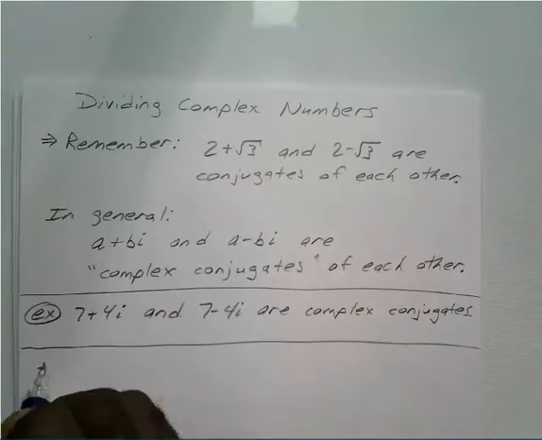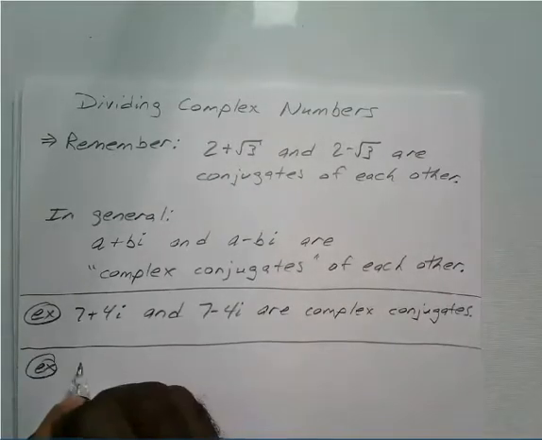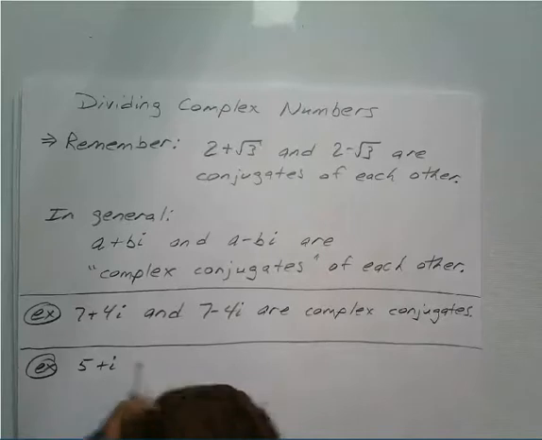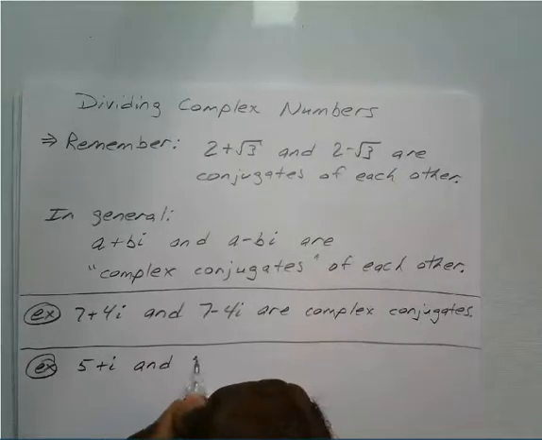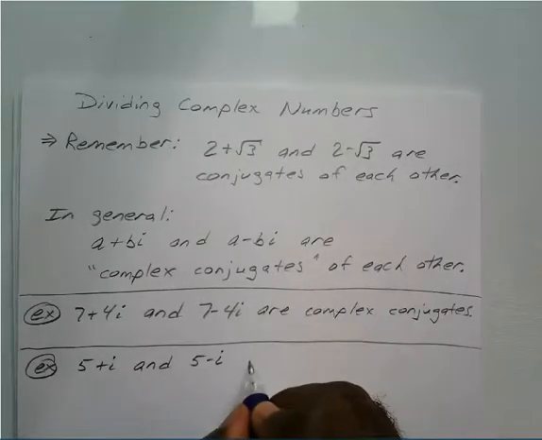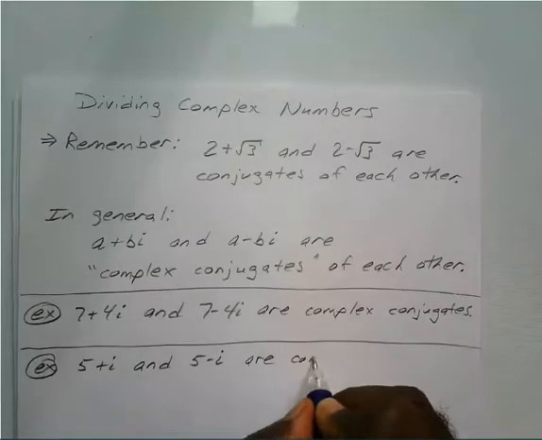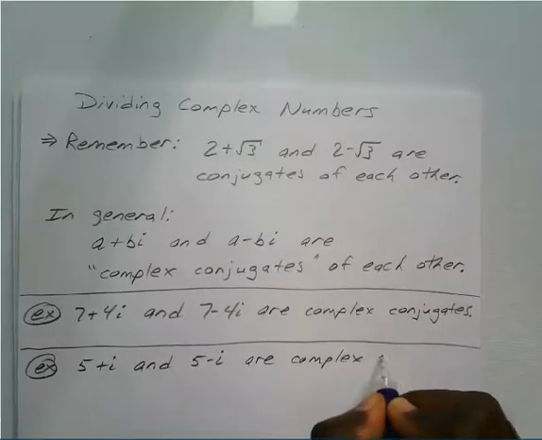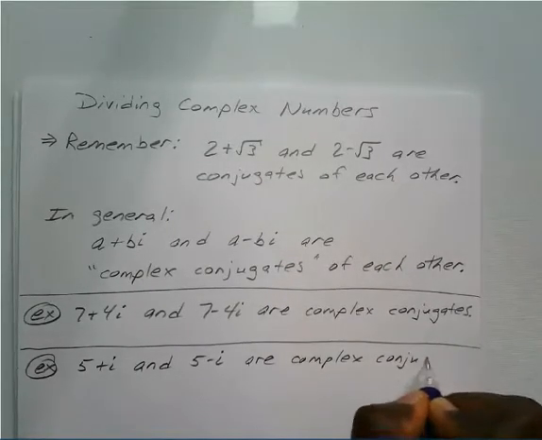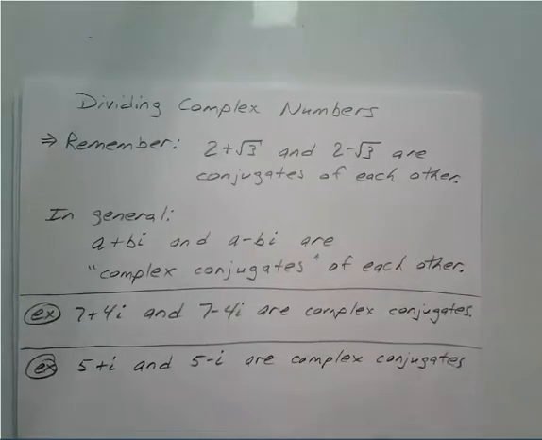Or, let's say 5 plus i and 5 minus i are complex conjugates. Same terms, just changing the sign.